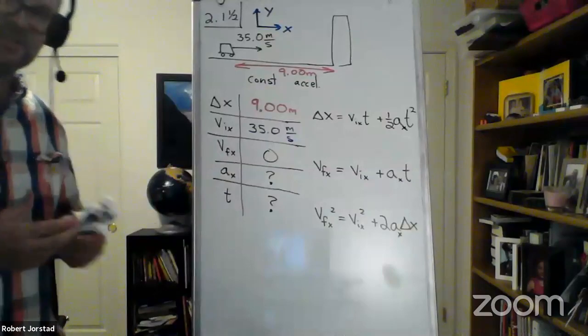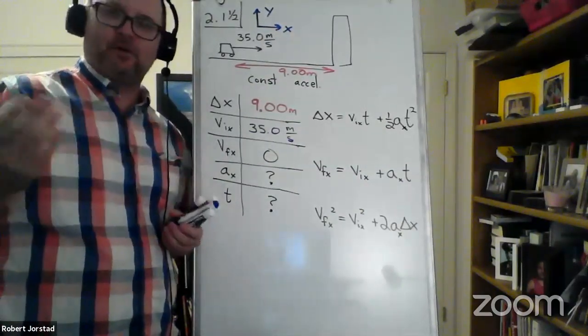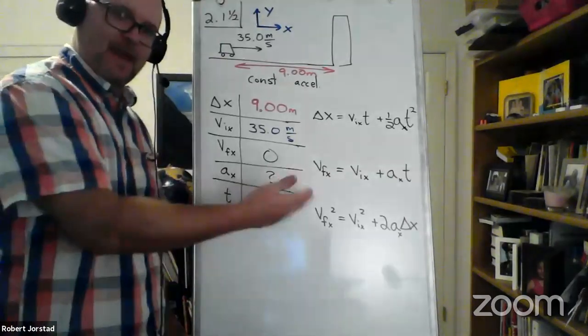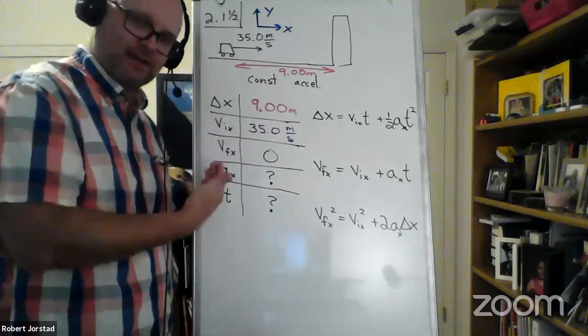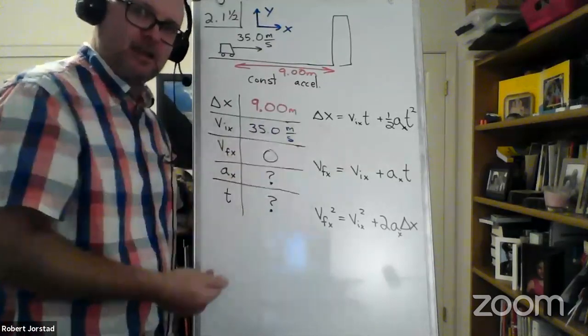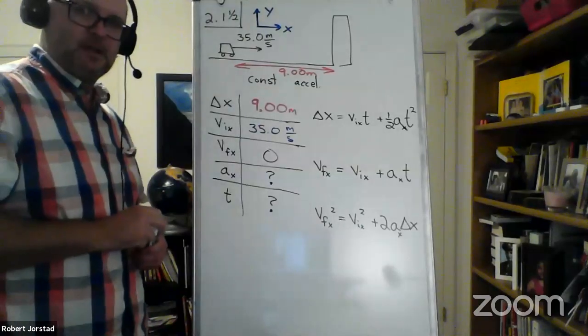And I'm trying to keep the subscripts, even though we don't really need them right now. But when we go to chapter 4, it'll be nice if we're in the habit of always writing the subscripts, okay? That way we can tell the difference between an X equation for horizontal motion and a Y equation for vertical motion.